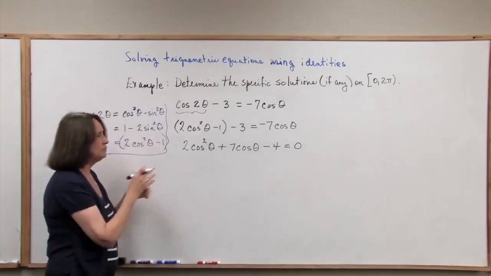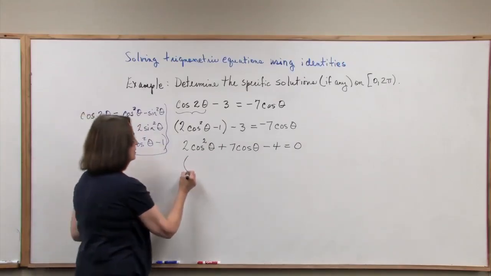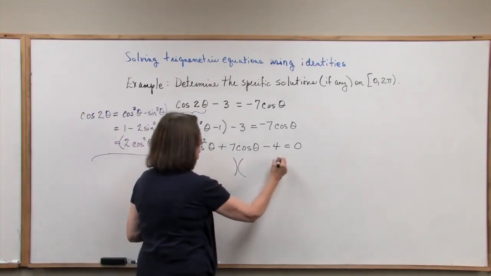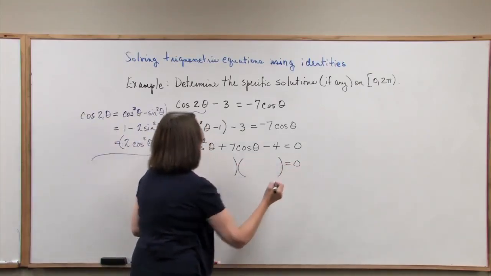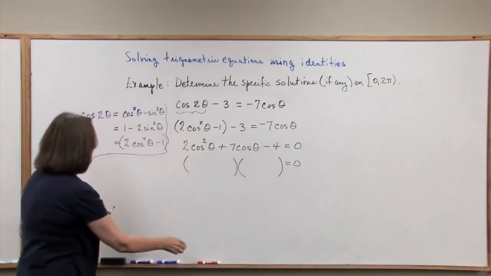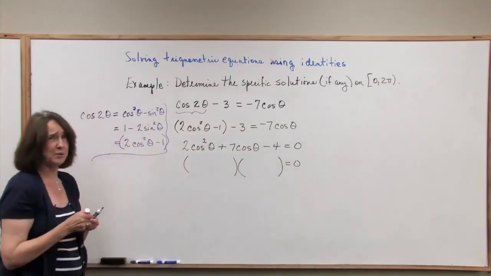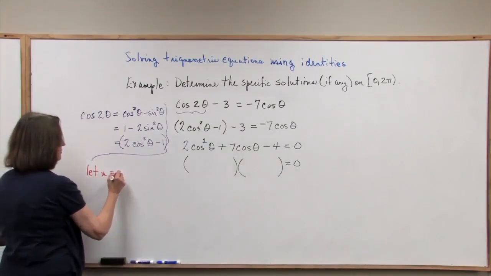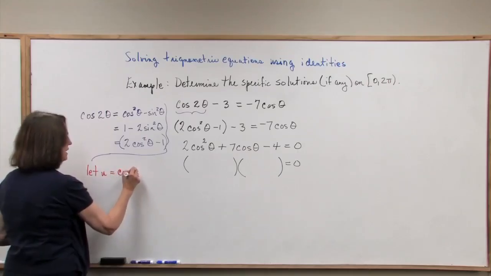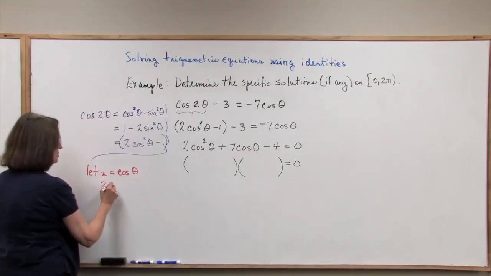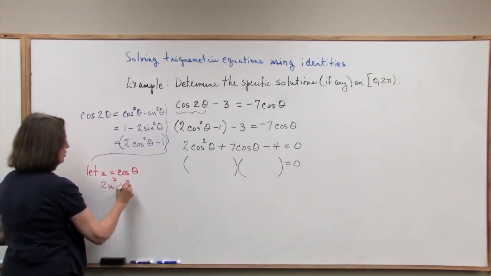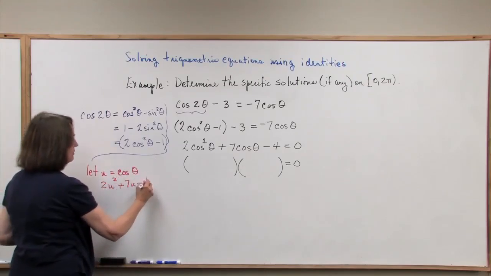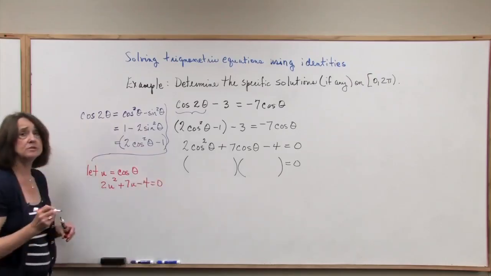I have the terms in descending order, so I can factor. With this factoring, I'm not sure what to do. Let me let u equal the cosine of theta. 2u squared plus 7u minus 4 equals 0.